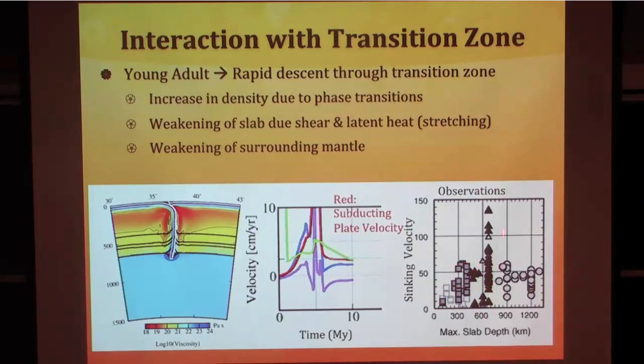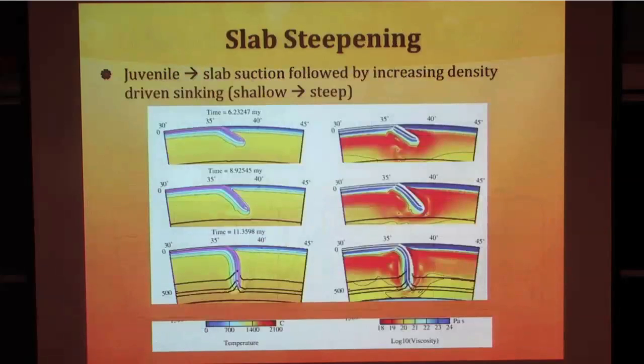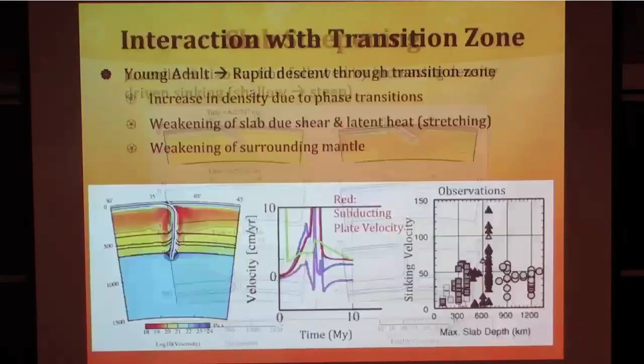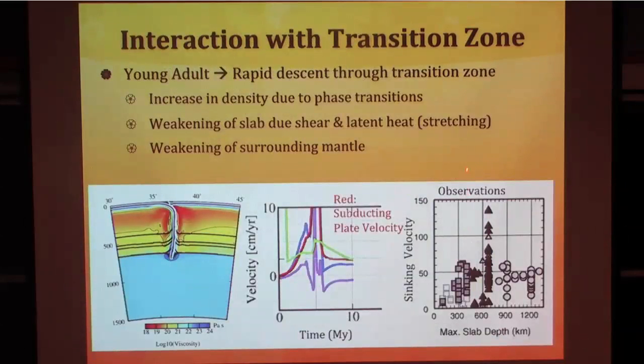But only slabs that have their maximum slab depth right in the transition zone, so these are slabs that look like this, okay? These are the ones that can go super fast, right?